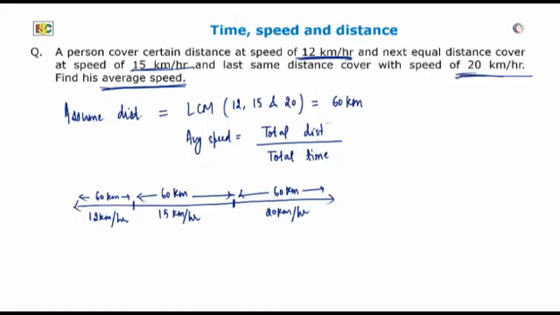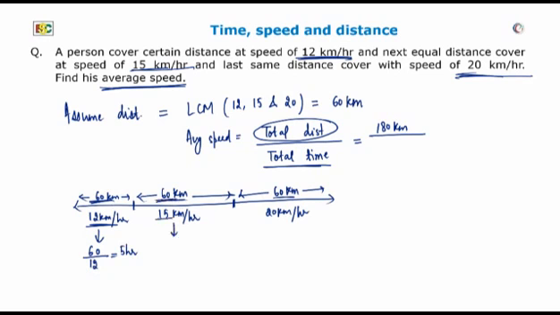So now we know the total distance, and that will be equal to 60 plus 60 plus 60, that is 180 km. And now we have to find the total time. For first part, time will be equal to distance upon speed, that is 60 upon 12 or 5 hours. Again for second part, time will be equal to 60 upon 15, that is 4 hours.